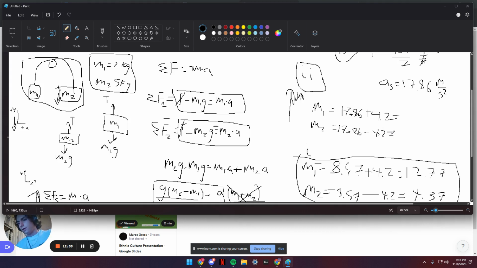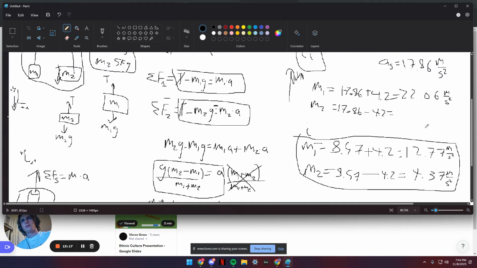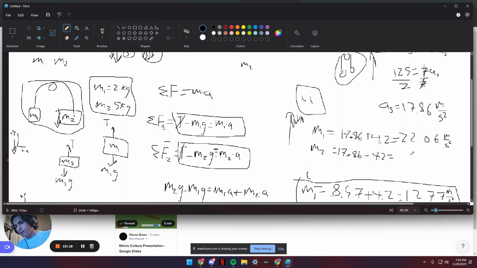And we again plug this in, 17.86 plus 4.2, and we get 22.06 meters per second squared. Oh, let me write the units for these. And finally, 13.66 meters per second squared for mass 2.